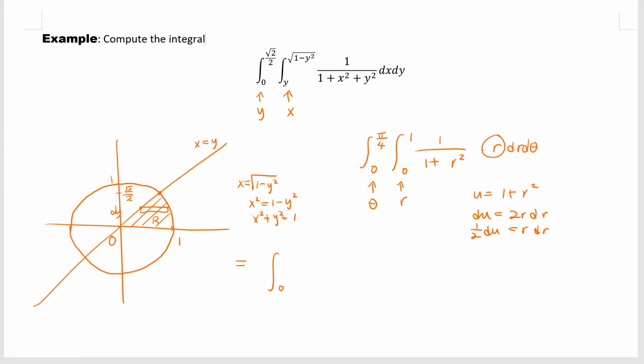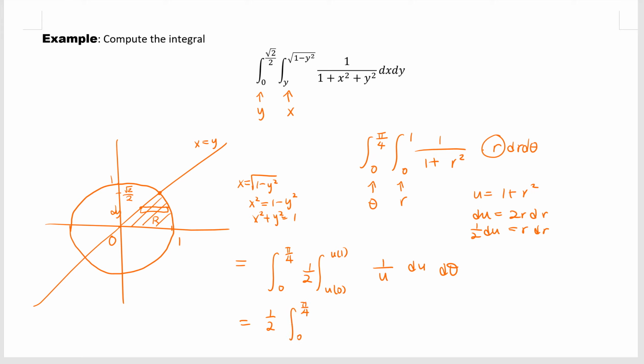So 0 to pi over 4, and then u of 0, u of 1, 1 over u. r dr is 1/2 du, but the 1/2 we can put in front, and d theta. Sometimes you can put it in the front.